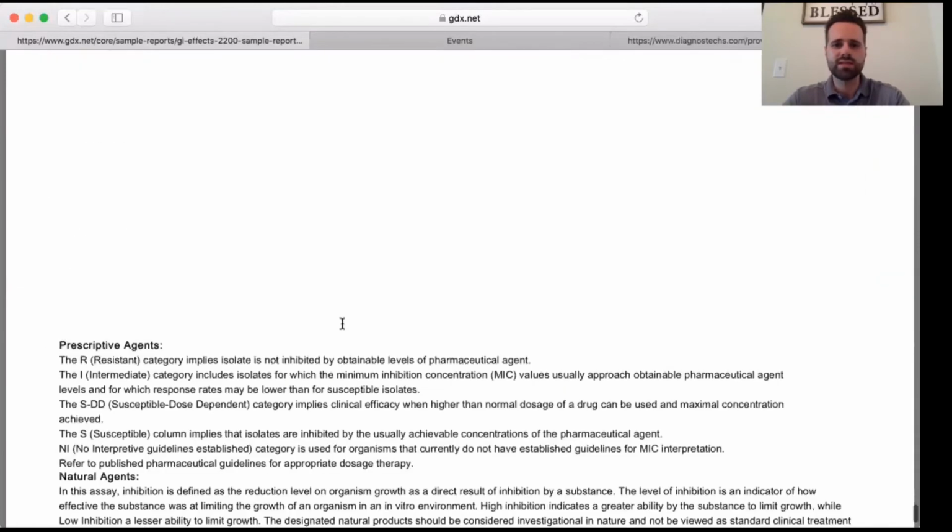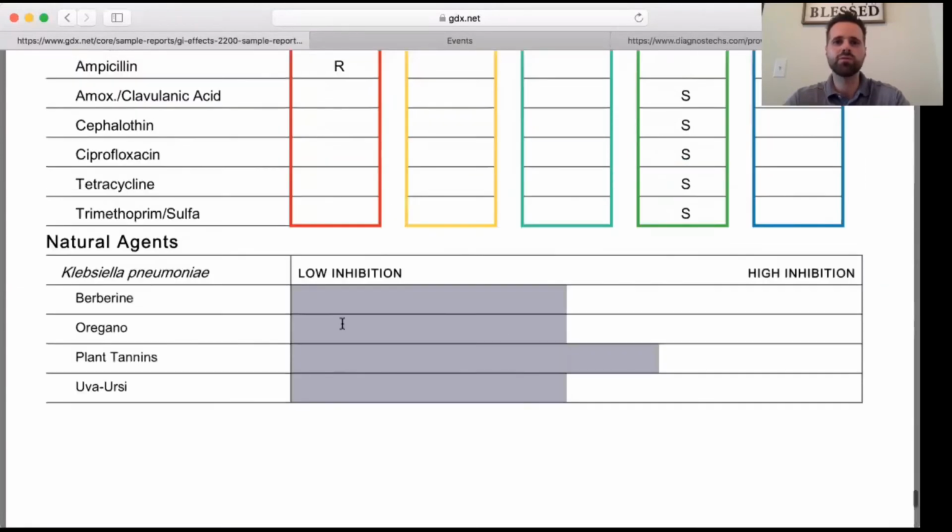So guys, this takes care of walking through the GI Effects Comprehensive Profile. It's an incredible test to take a look at really what's going on in the gut microbiome and how that can have such issues and implications for other areas of the body, including migraine, headaches, candida issues, and bacterial vaginosis, yeast infections even on the skin, contributing also to fibromyalgia, chronic fatigue syndrome, just neurological manifestations.